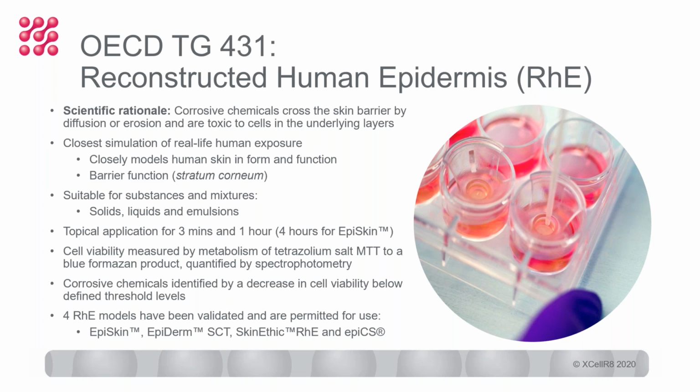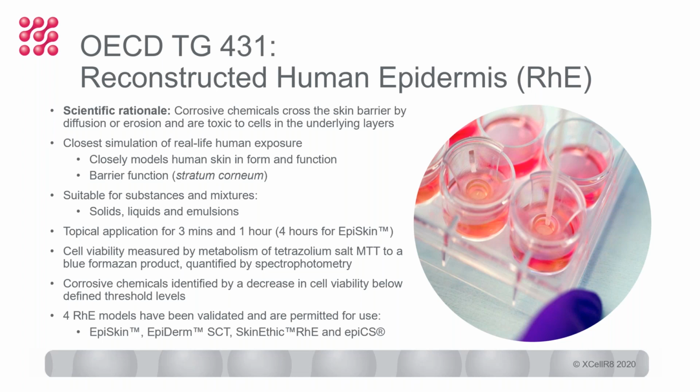And what we're doing is using essentially a little piece of tissue engineered skin in the laboratory, and it has a very closely aligned morphology and function, just like human skin, and it has a barrier function or a stratum corneum, which is critically important when looking at chemicals which may get absorbed across the skin and have a corrosive or irritant effect.